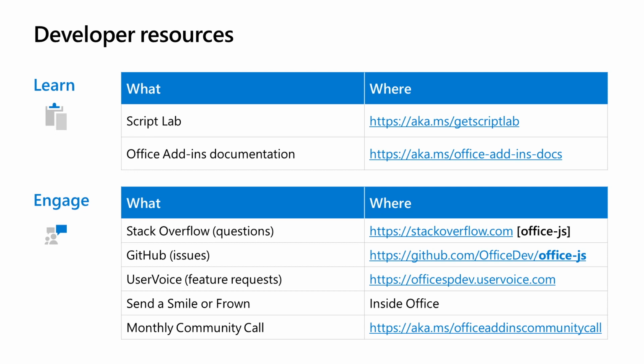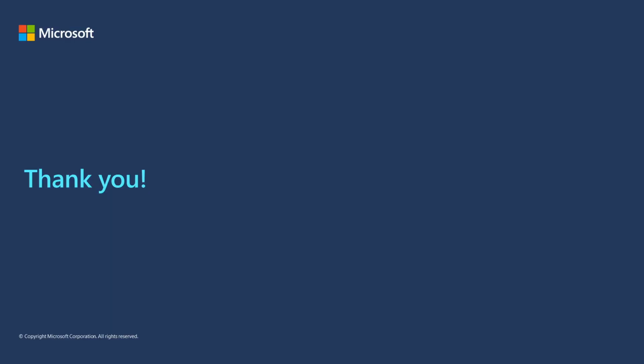We use user voice to prioritize feature requests. And as I mentioned before, once a month, we interact with a community in our community call. That's my favorite time of the month. I get to interact with developers like you, and I hope to see you there on a future call so we can continue to showcase all of the great examples and new APIs that are available.